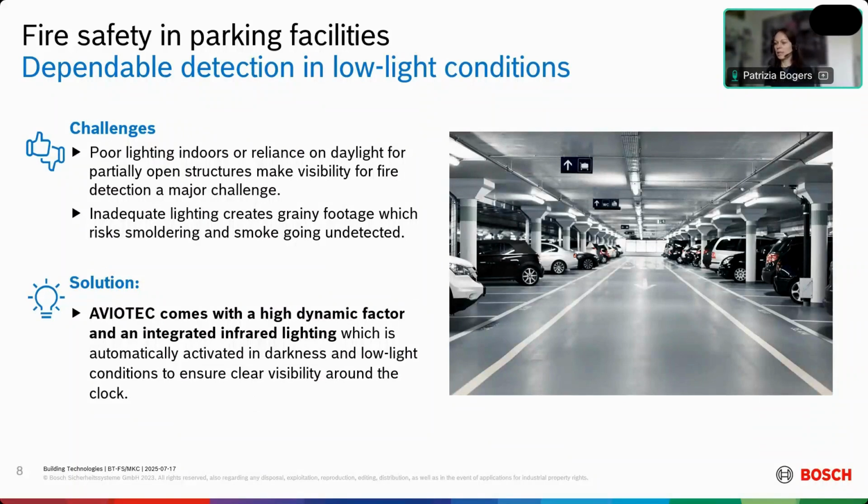We originally came from factor 5, so there's a high improvement, meaning the camera can cope with challenging lighting conditions, as well as it comes with an integrated infrared illuminator, meaning there can also be 24/7 detection provided, day as well as night, all around the clock.